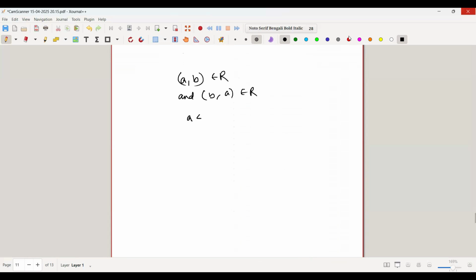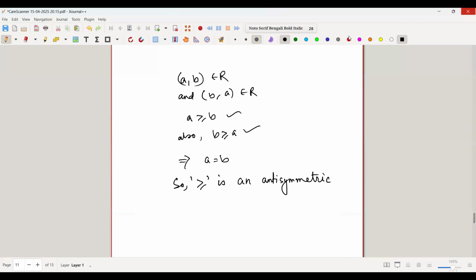A is greater than equal to B, and also B is greater than equal to A. From these two, we can conclude that A equal to B, and this was the definition of antisymmetric relation. So greater than equal to is an antisymmetric relation, and also less than equal to is the same antisymmetric relation.